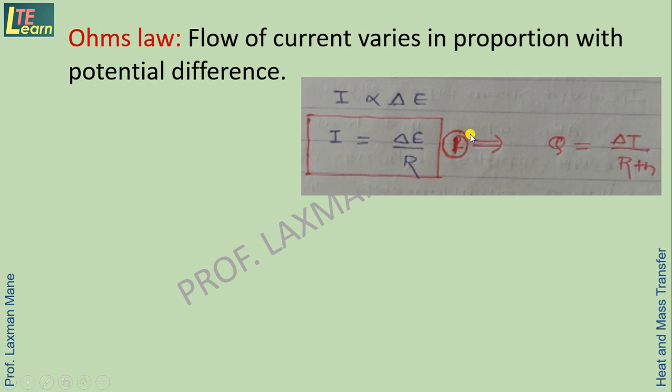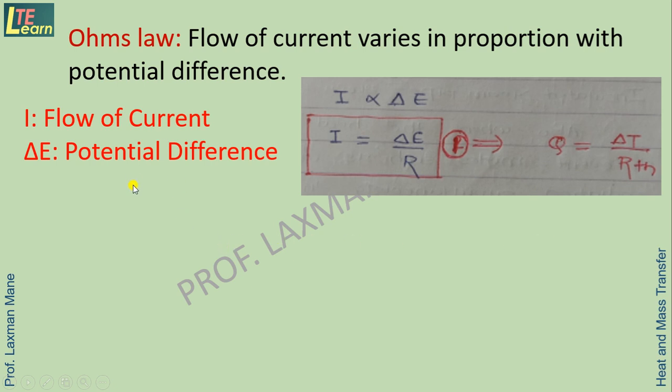By the analogy between electrical and thermal system, as already discussed, I is analogous with Q, the heat transfer, delta E is analogous with delta T and R is analogous with RTH. So heat transfer can be written as Q is equal to delta T upon thermal resistance.